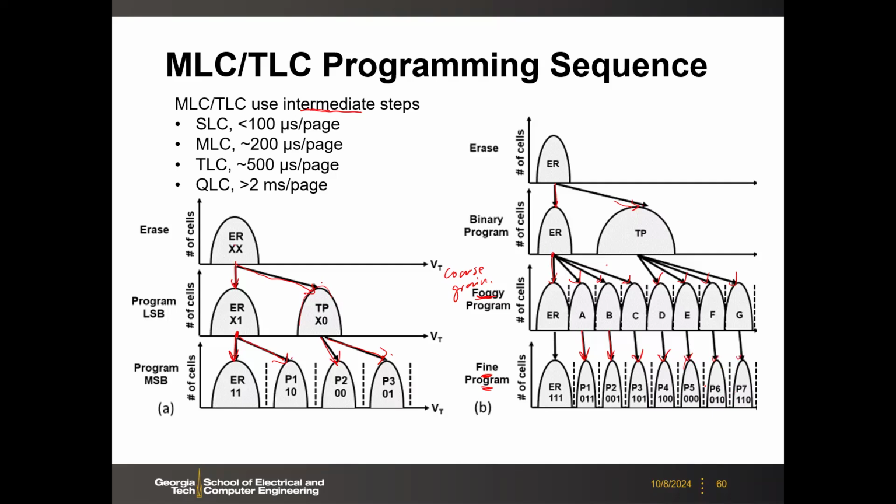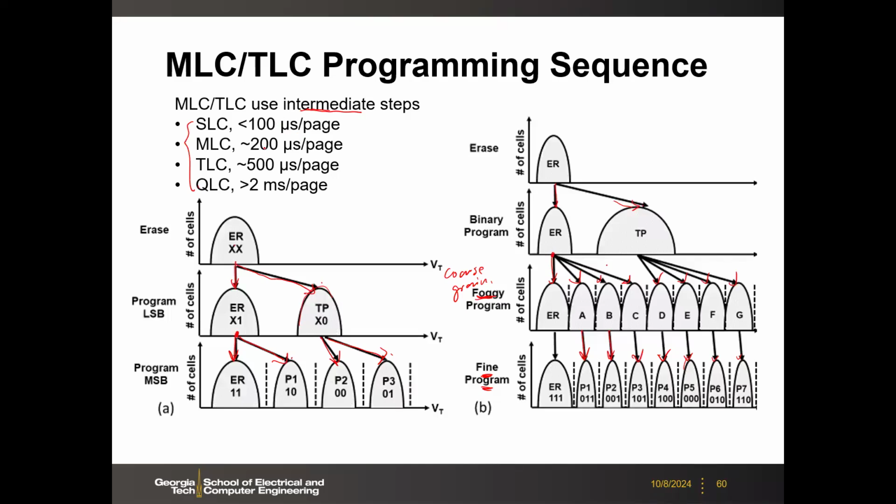So it involves a lot of sequences, and that's why you look at the speed here. As I said earlier, NAND programming is by page, row by row, so you program the entire row. If you do SLC, you can finish within like 100 microseconds.